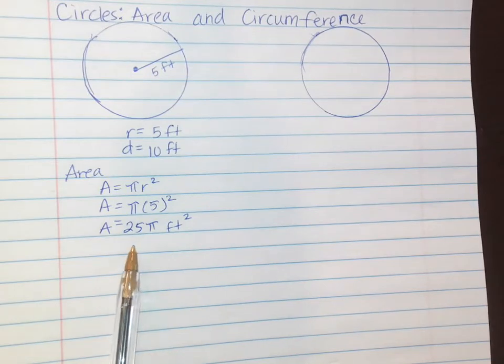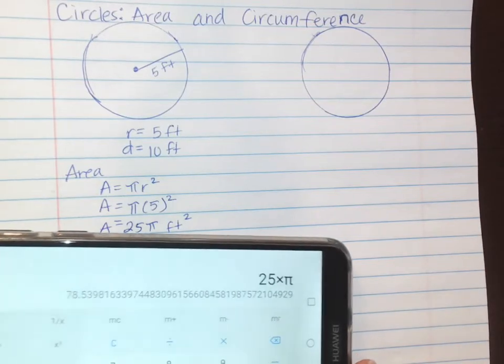We could multiply this out. You could use 3.14 for pi, or you could just use the pi symbol in your calculator. Say 25 times... I can't find the pi symbol in my calculator. Oh, here it is. 25 times pi, just like that.